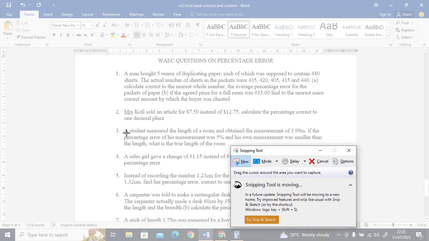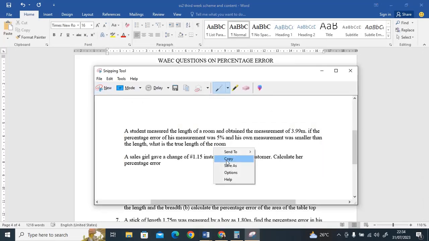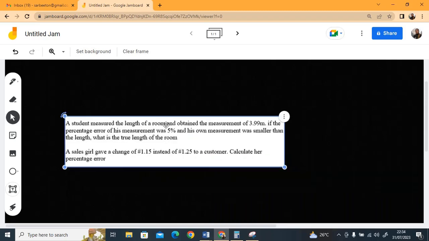So we are going to look at 3 and 4, then 2 and 3. So let me take it from the bottom. Okay, now let's look at this together. I'm going to copy this and send it to our board. If I copy it directly, you may not have seen it.